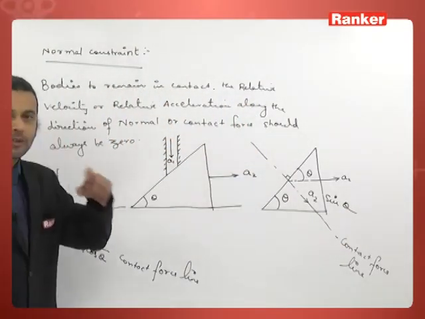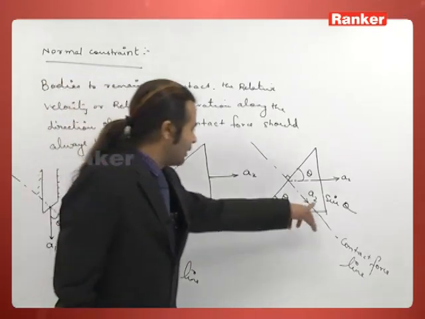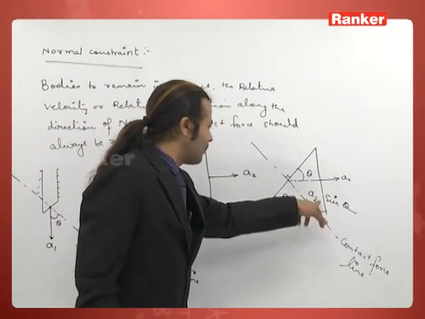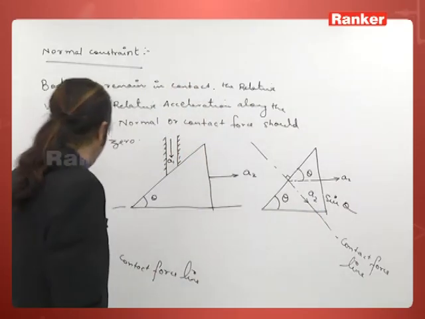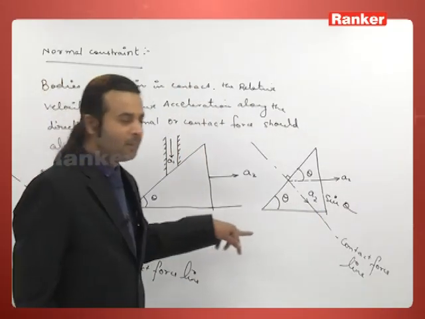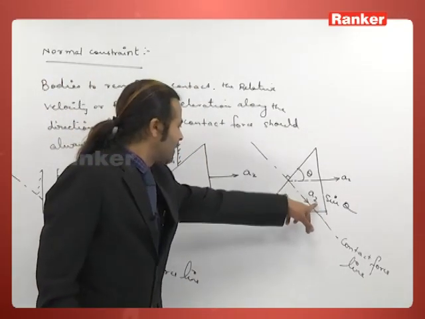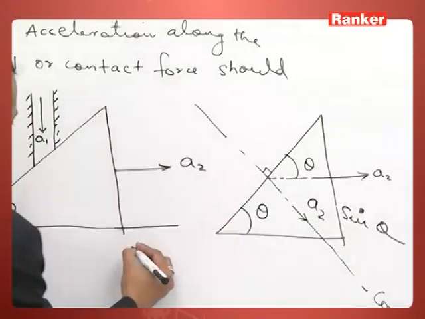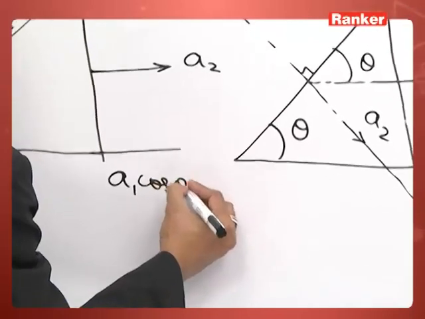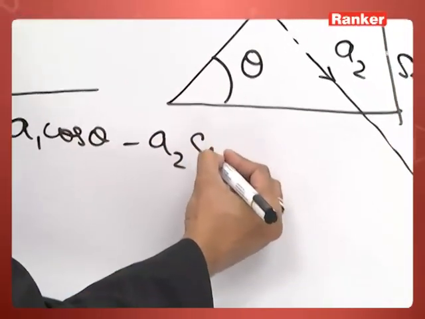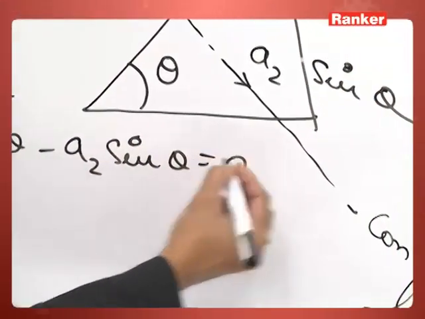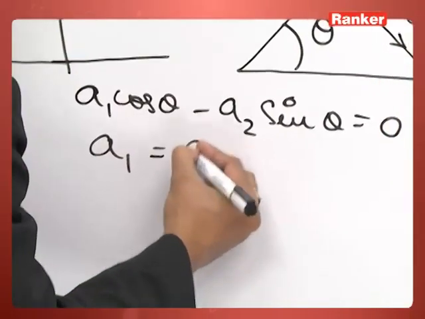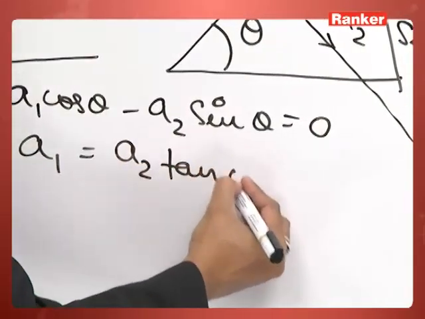Now for the bodies to be in contact, the relative acceleration between this acceleration and this acceleration must be 0. So this a2 sin theta and this a1 cos theta are in the same direction. So I can write a1 cos theta minus a2 sin theta must be equal to 0, or a1 is equal to a2 tan theta.